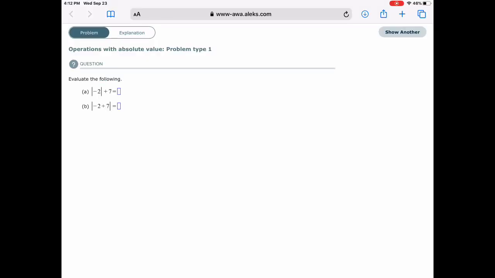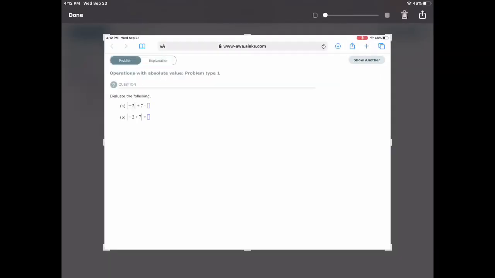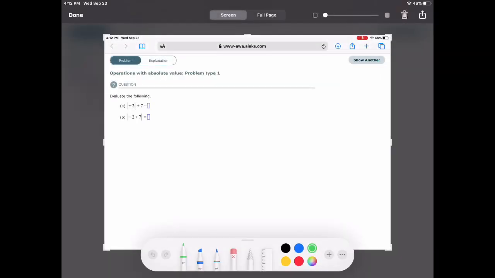Okay, the other thing I want to talk about today is operations with absolute value. Remember that absolute value is just talking about the distance. In fact, what is the distance from 0?